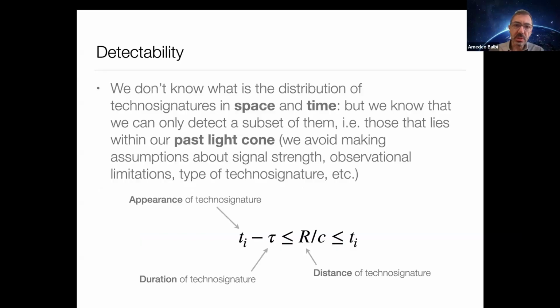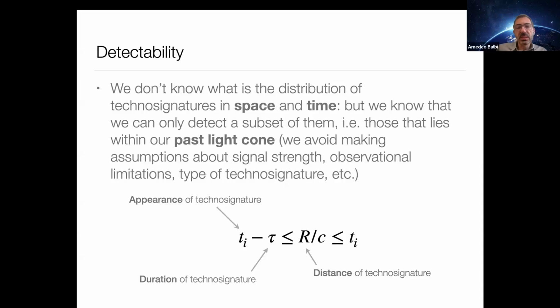First of all, let me clarify what I will mean by detectability in the rest of this talk. By detectability, I just mean a very simple, basic requirement: if we are to detect a technosignature, it has to be in our past light cone, meaning that the signal we receive has to be in causal contact with us.